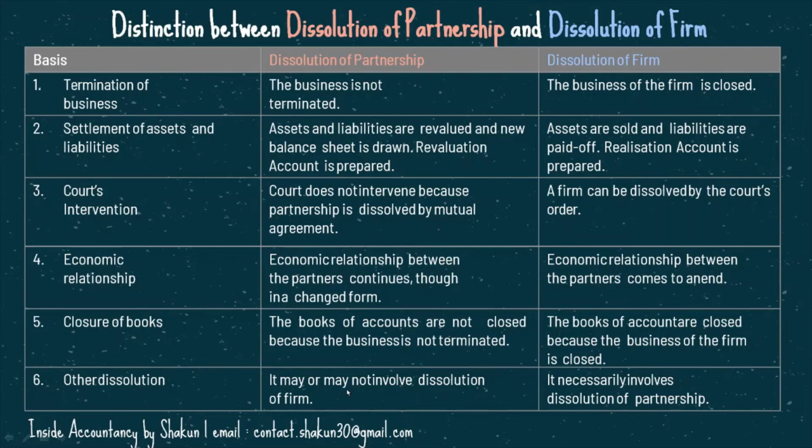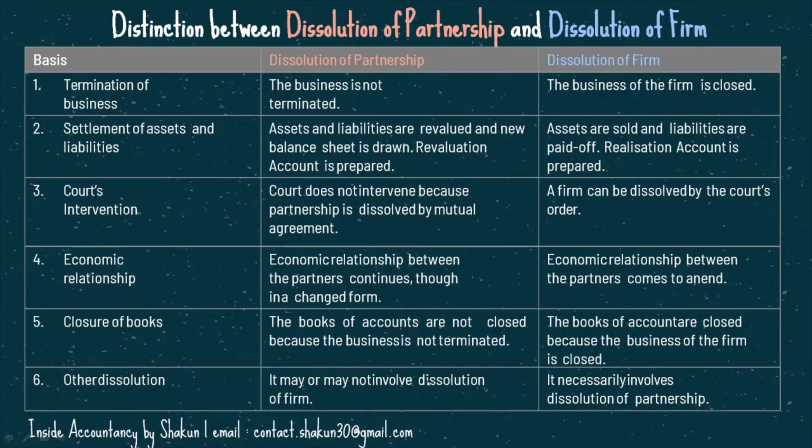Other dissolution: it may or may not involve dissolution of the firm. Dissolution of partnership might lead to dissolution of firm or it might not. It depends upon the partners and what they have agreed to. But dissolution of firm definitely involves the dissolution of partnership.